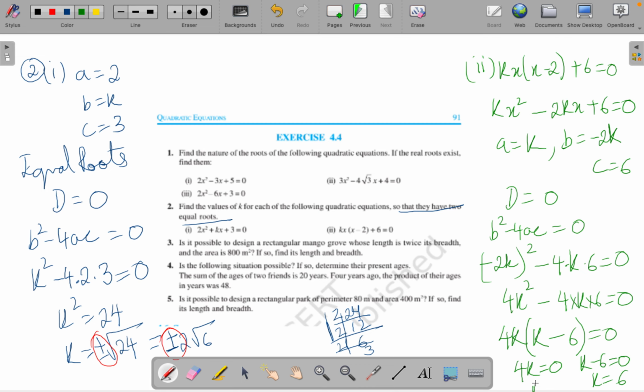So k is equal to 6 and k is equal to 0. Obviously k is equal to 0 is not possible, children, because if I put k equal to 0, we will get 6 is equal to 0, which is not possible, right? And anyways, the quadratic equation won't exist. So the value of k is 6, which will satisfy this, right? So this is your second part.